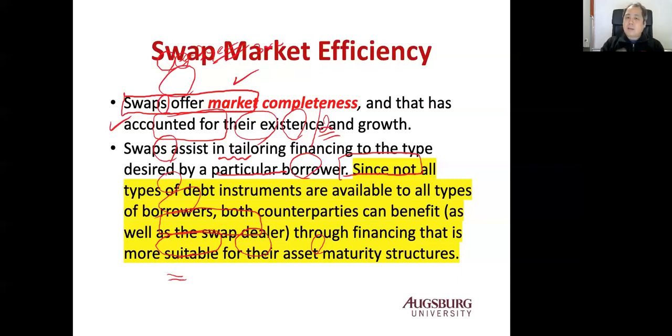You probably have to find one that another bank also benefits from, but there's a dealer, the swap banker, who actually handles that job. So that makes swaps more competitive, basically. With swap contracts, the market is more complete.